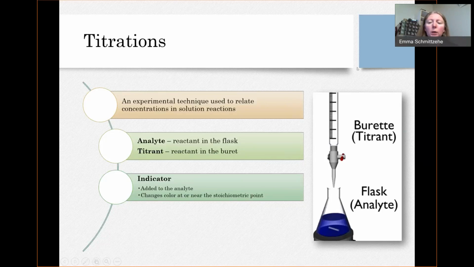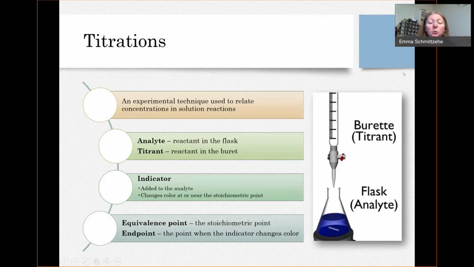Now, the term that really is the stoichiometric point is the equivalence point. Sometimes people will talk about doing a titration to the equivalence point, or that the equivalence point is found when they've added this much volume of titrant. But when you're doing a titration, what you truly measure is the end point. The end point is when the color changes for the indicator.